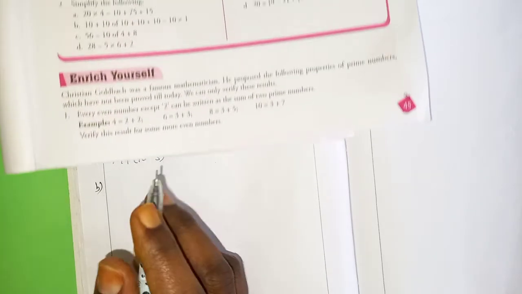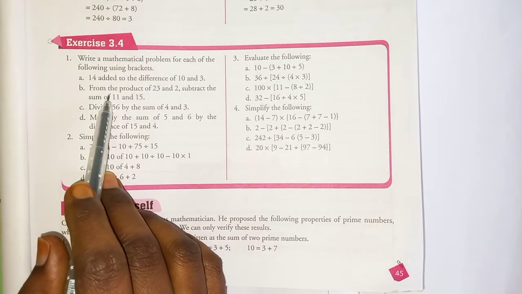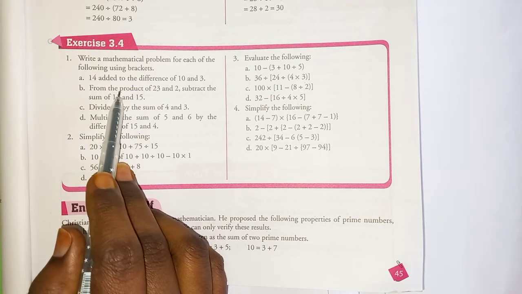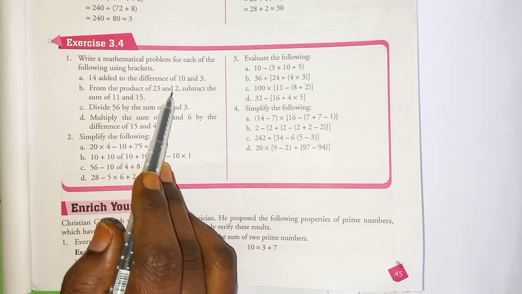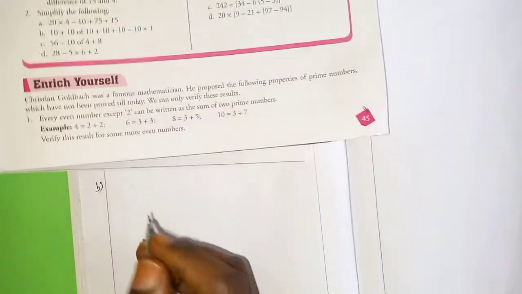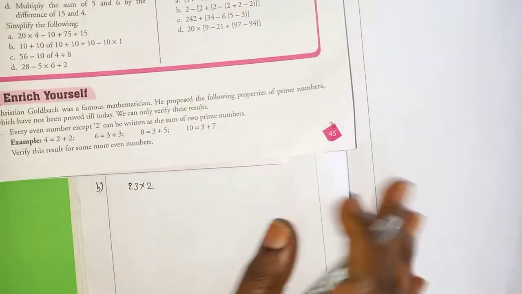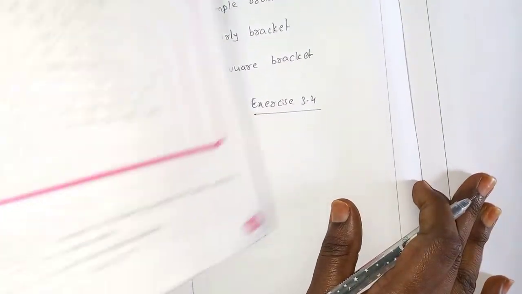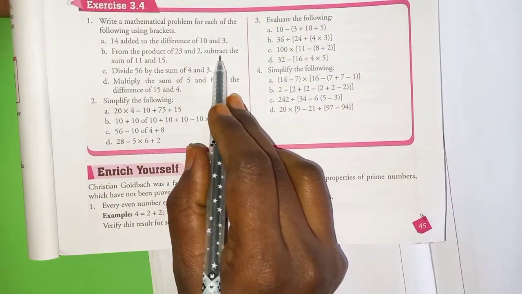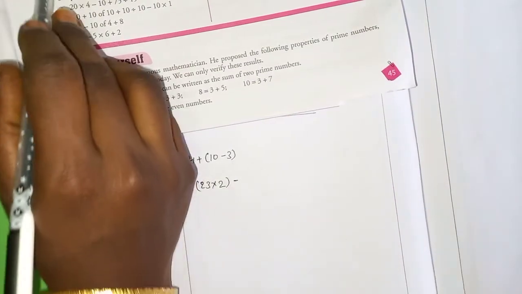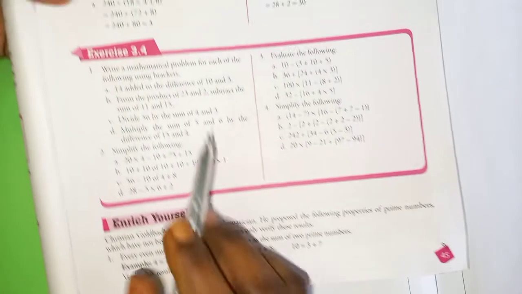Next expression, second one, B. From the product of 23 and 2, subtract the sum of 11 and 15.